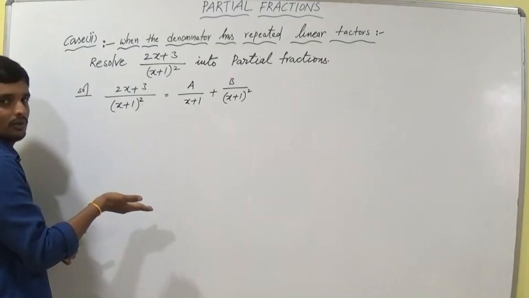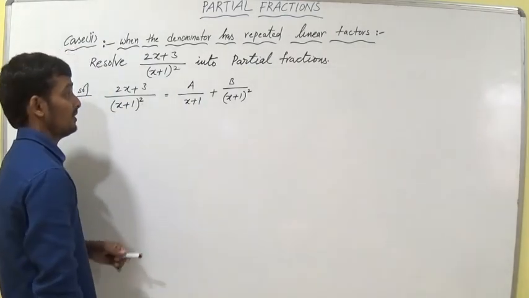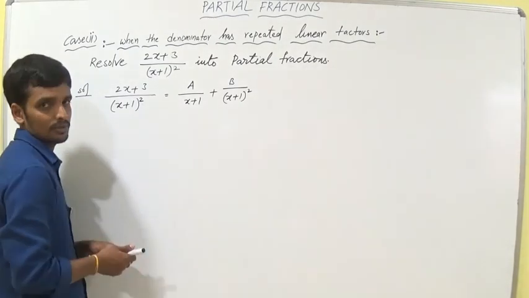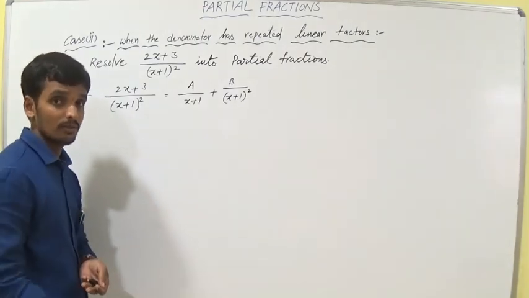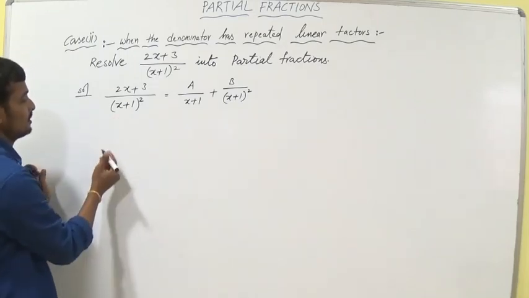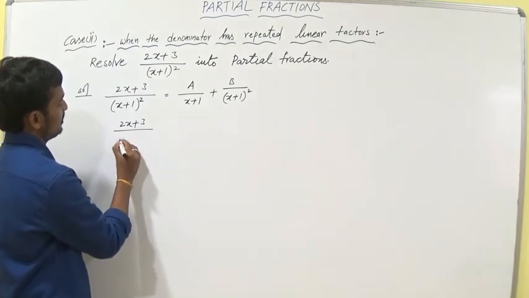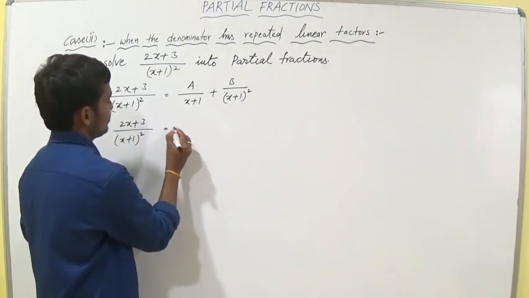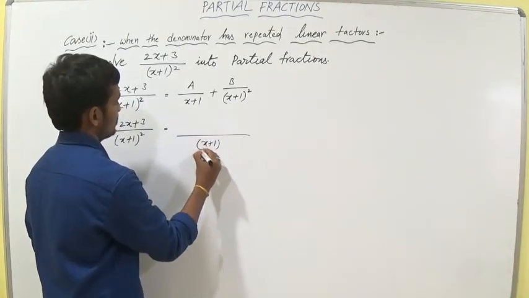The next steps, we already know very well about this. So we have done most of the problems, homework problems and some of the problems from our textbook. So find the LCM. The LHS is the same. 2x plus 3 by x plus 1 whole square is equal to, the LCM is x plus 1 whole square.